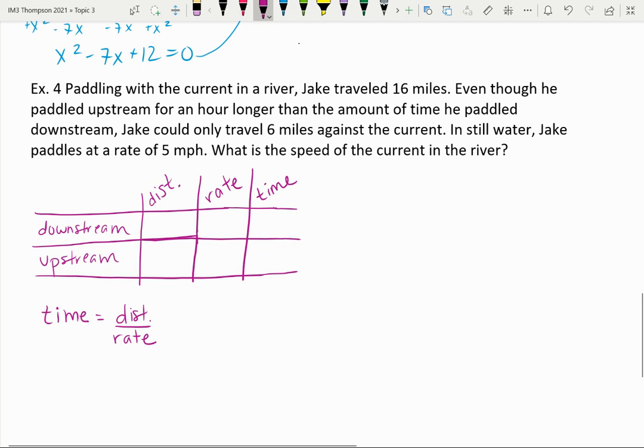Okay, so the problem says paddling with the current in a river, Jake traveled 16 miles. All right, so he goes downstream 16 miles, and he comes back upstream 16 miles. So there and back kind of situation.